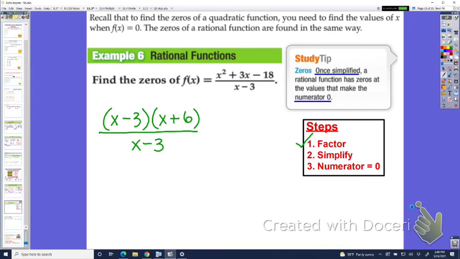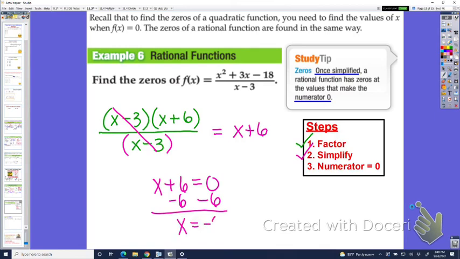Simplifying is next. So I see x minus 3's. Think of this one as in parentheses, and these can cross away. So this simplifies to x plus 6. And since that was our numerator, we're going to set that equal to 0 and solve it. So this is a baby 1 step where you subtract 6. So x equals negative 6.